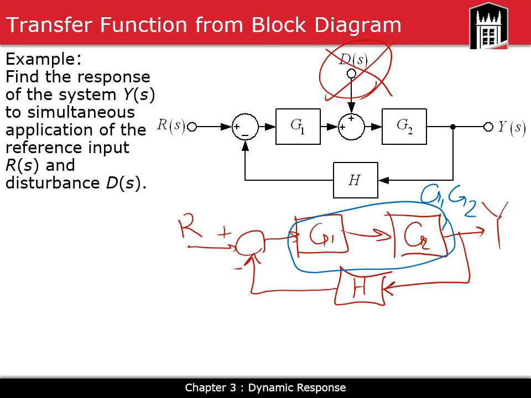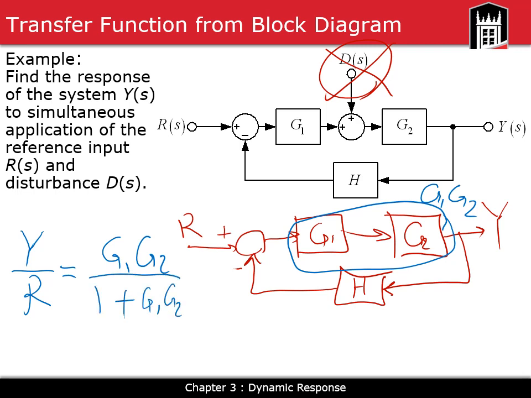In this example, feedback is H, feed forward G should be replaced by G1 times G2. So the transfer function from R to Y, or otherwise written as Y over R, is G1 G2 over 1 plus G1 G2 H.